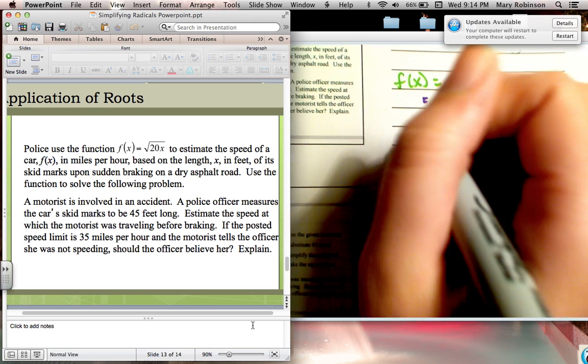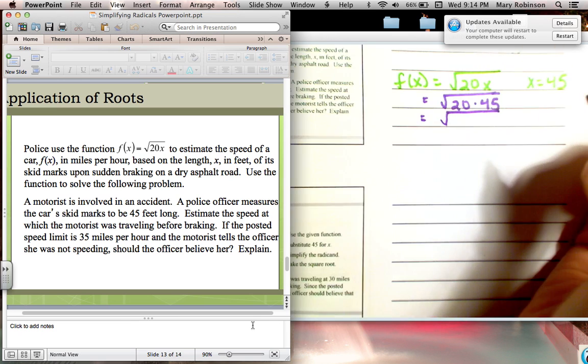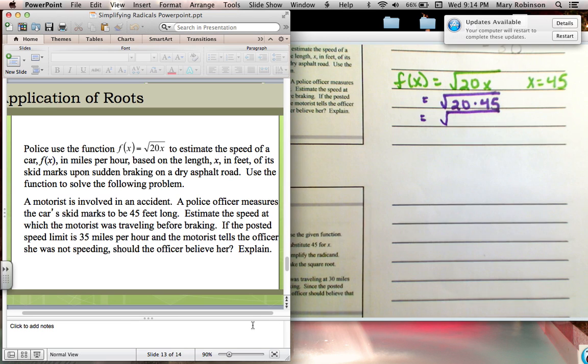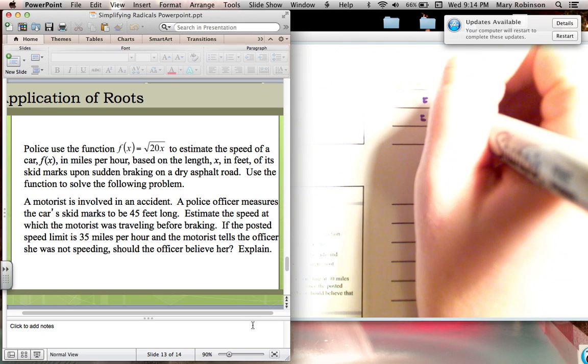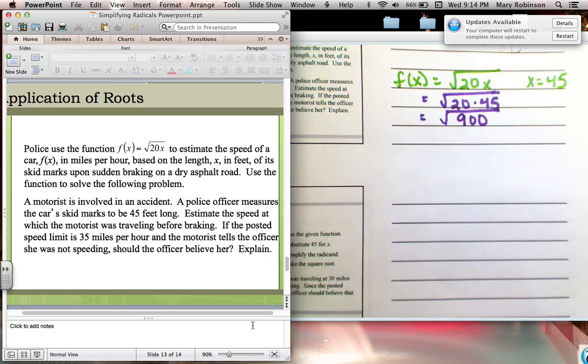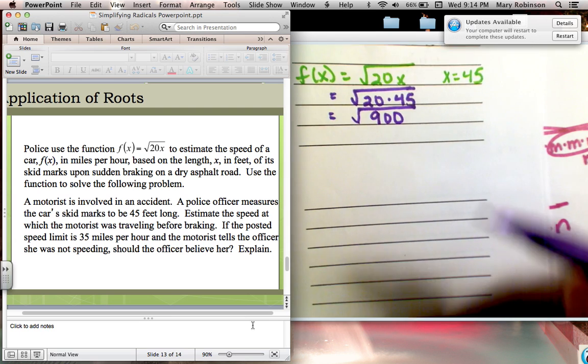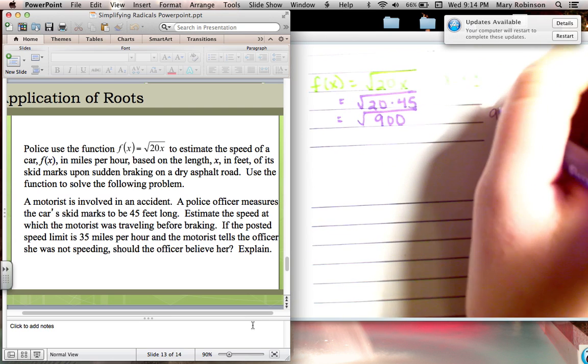And then when we simplify it, we get the square root of 20 times 45, which is 900. When we take the square root of 900, we have to do our tree. We have 900.